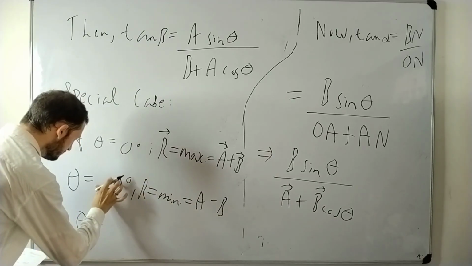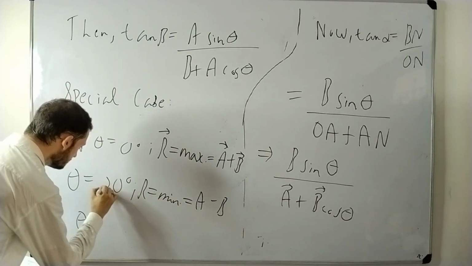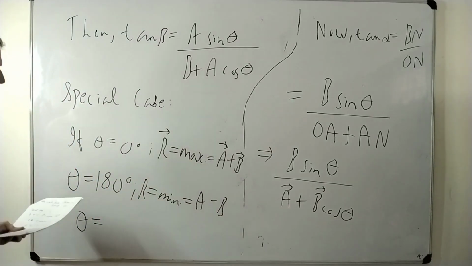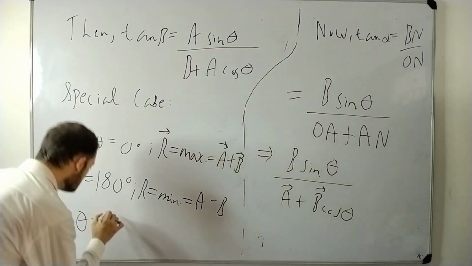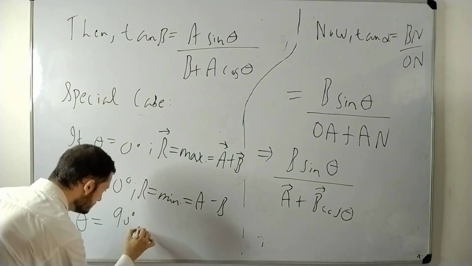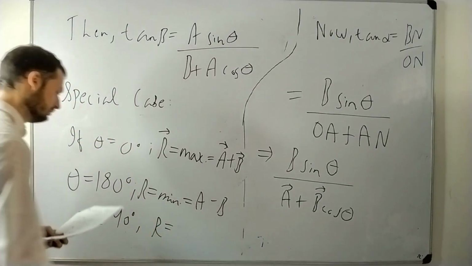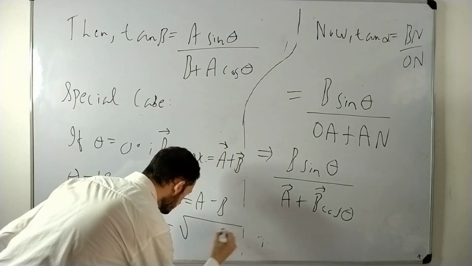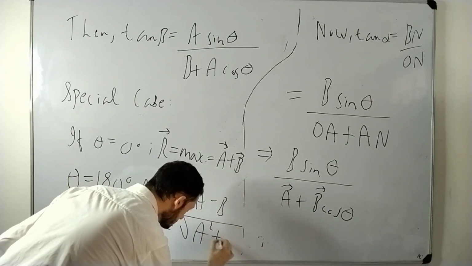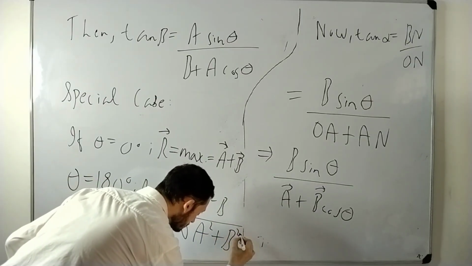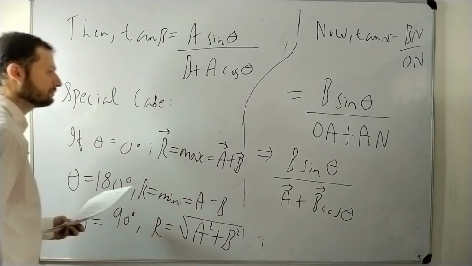You might not have noticed it, but we have noticed it. Theta 90 degree, and R happens to be the square root of A square plus B square.